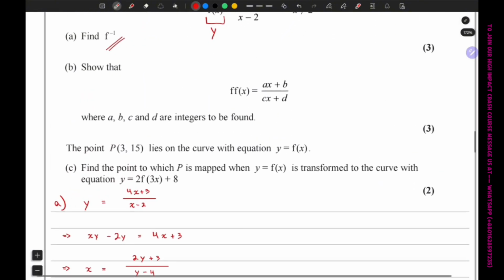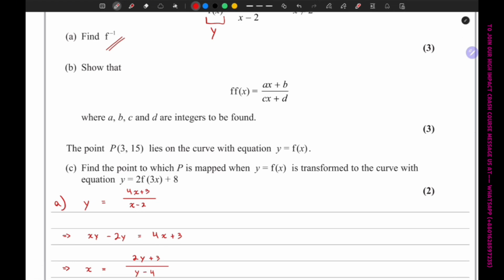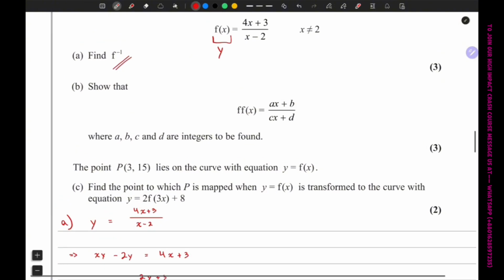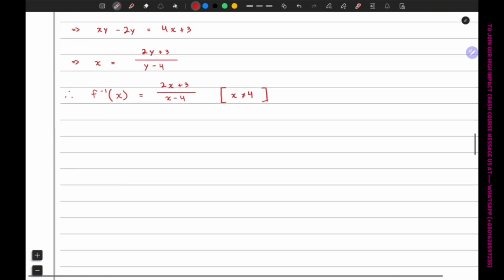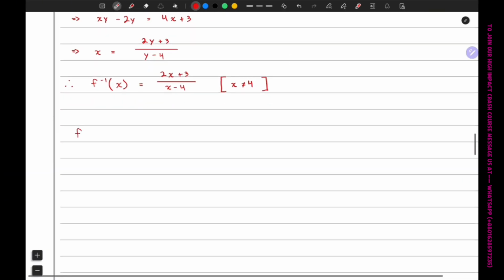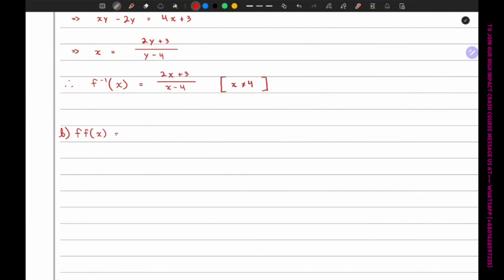Alright. Now the second question is that we need to find the composite function ff(x), which means that the function f(x) is being substituted into the function f(x) itself. So it's basically, we can write it like this. I have talked about composite functions in my functions video on Exam Essentials.